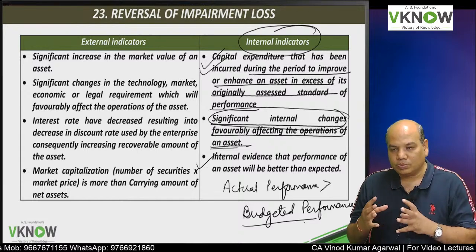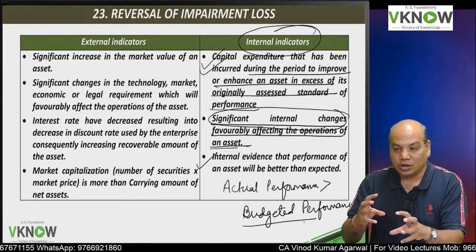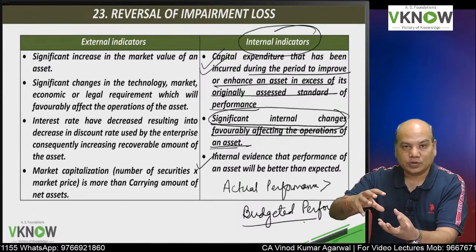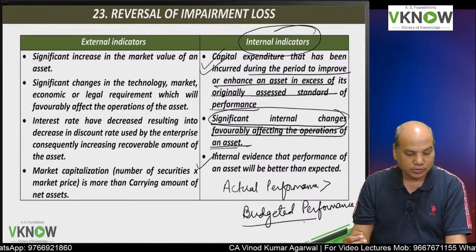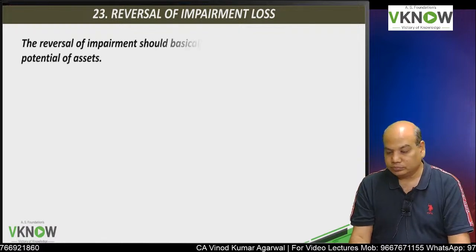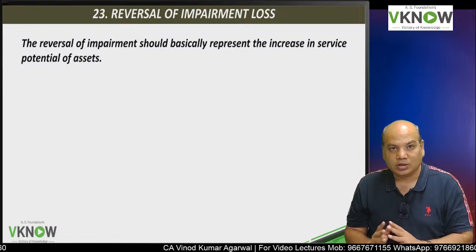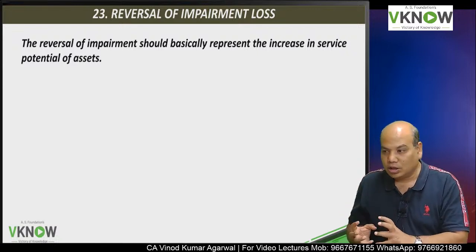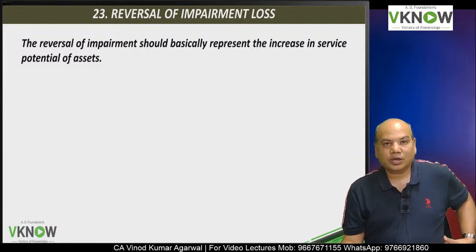So if your variances, as they are called in standard costing, are mostly positive, it is an indication of reversal of impairment. Okay. So once we get the reversal of impairment loss indication, I need to compute the recoverable amount.